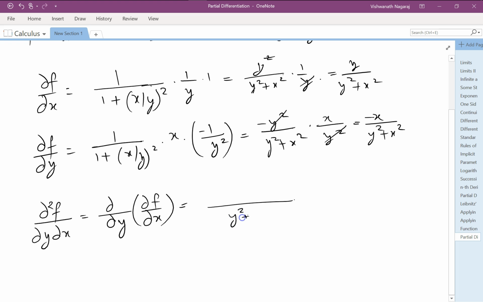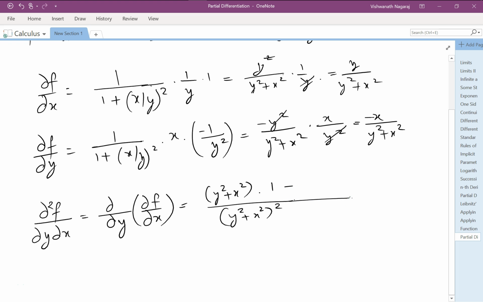We square the denominator, y square plus x square the whole square. Then the denominator, when we bring it up, remains as it is, y square plus x square. And then we differentiate the numerator, y. Since we are differentiating with respect to y, it is 1 minus.